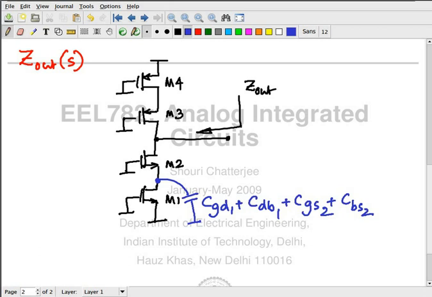Gate to drain of 2, yes, and it's going to come at the output node. Drain to body of 2, it's going to come in parallel with this. Okay, 3 and 4 are exactly identical to 1 and 2, so I won't do this detailed thing. I'm just going to write the results.